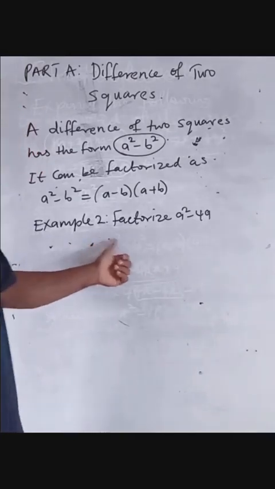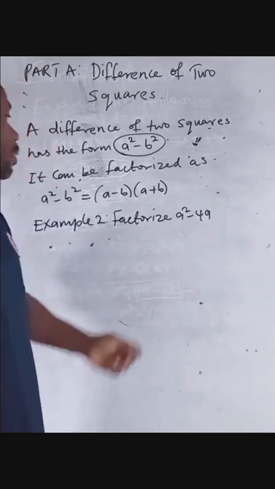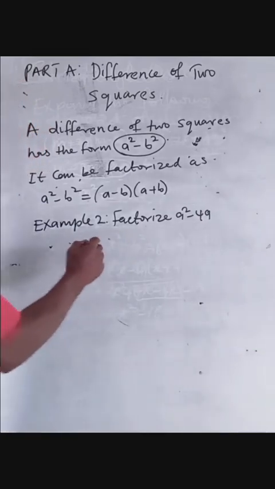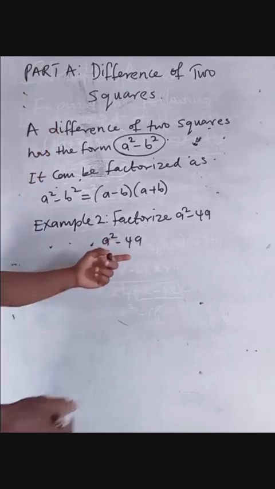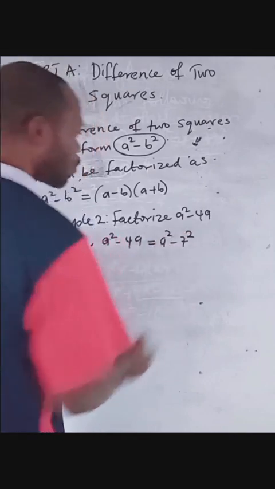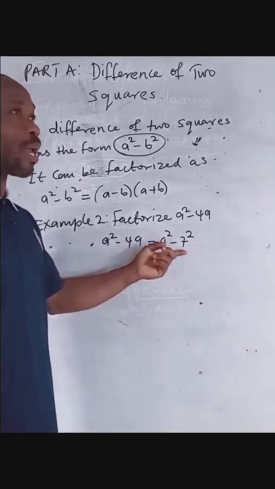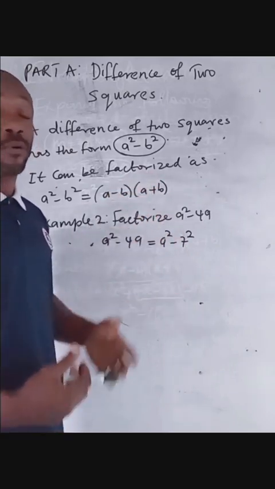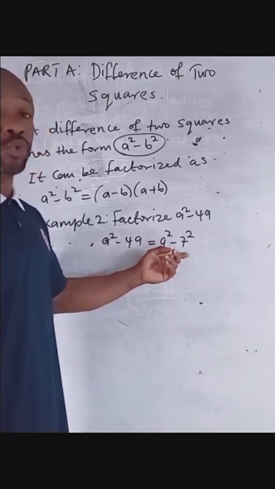Example 2. Factorize a squared minus 49. Now a squared minus 49 can also be expressed as a squared minus 7 squared. Therefore, this expression again takes the form of difference of two squares.